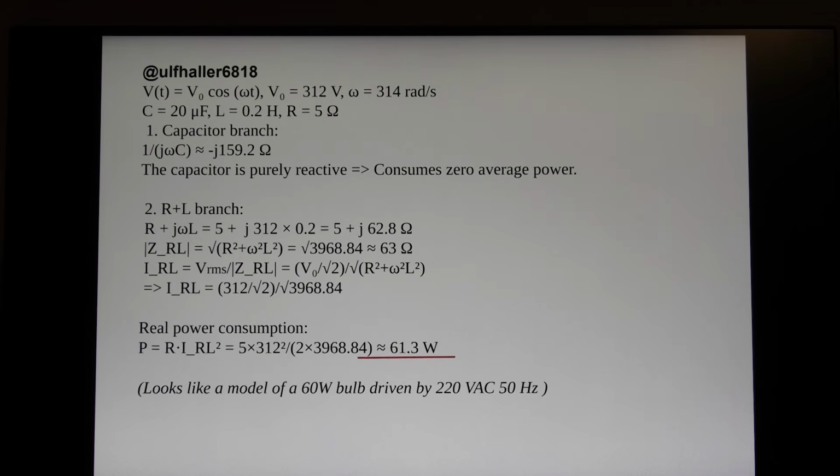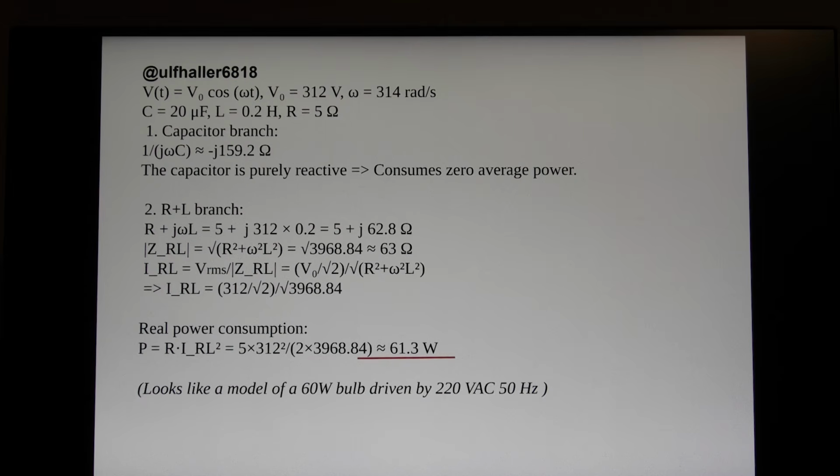So now we see Ulf Haller's first solution. This is the solution that makes use of complex notation, complex numbers. We're given the initial conditions for Vt, the value of the capacitor, the inductor and the resistor, and omega and V naught. So the capacitor branch has a purely imaginary value of impedance.